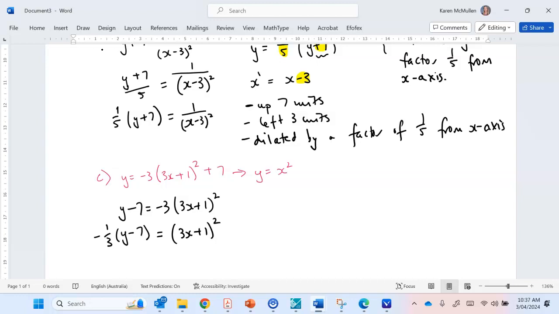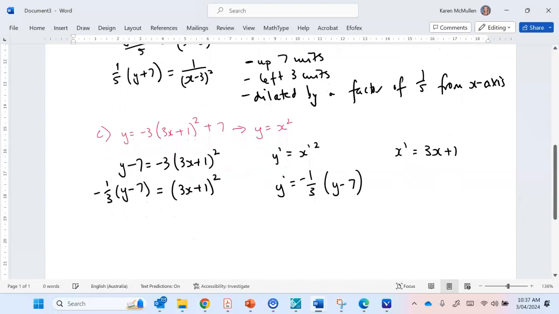All right, and we can just leave it like that. Now you're transformed, we've got y dash equals x dash squared, so my y dash is equal to -1/3 (y minus 7), and my x dash is equal to 3x plus 1.